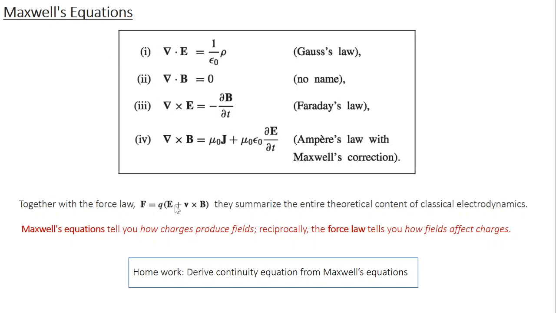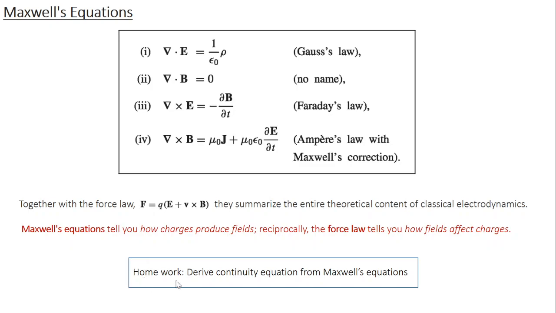So these four equations together with the force law, F equal to Q into E plus v cross B, they summarize the entire theoretical content of classical electrodynamics. Basically, they say that all electromagnetic fields arise from either charges or currents. So in summary, Maxwell's equations tell you how charges produce fields, and reciprocally, the force law tells you how fields affect charges.